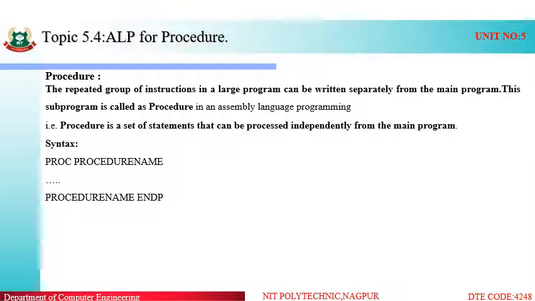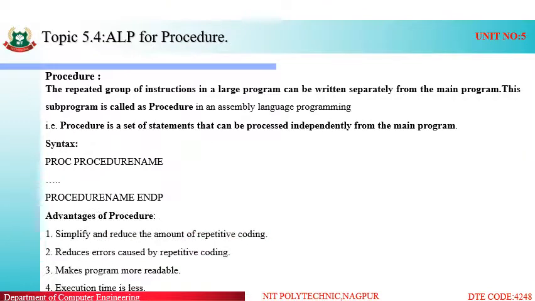We can give any name, such as addition or multiplication. Then inside that we write our logic and end the procedure with the procedure name followed by the ENDP assembler directive. ENDP means end procedure. So we start with the PROC assembler directive and end with the ENDP assembler directive.